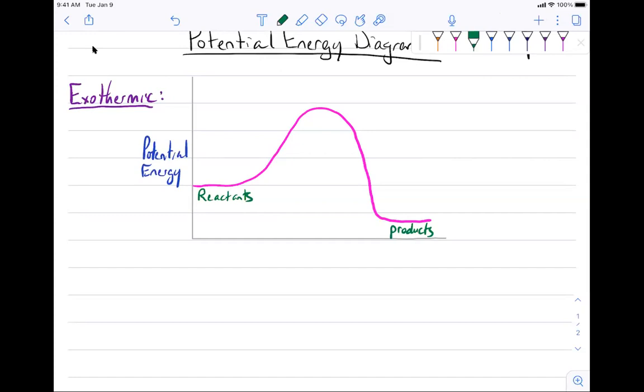All right, we'll label the beginning of the graph reactants. The end of the graph, products. The top of the graph is activation energy, and we'll talk about that.